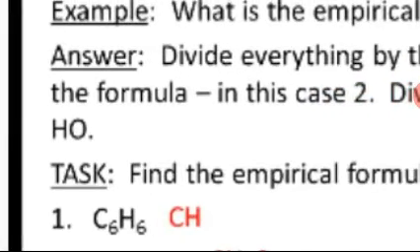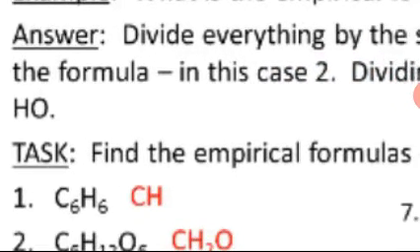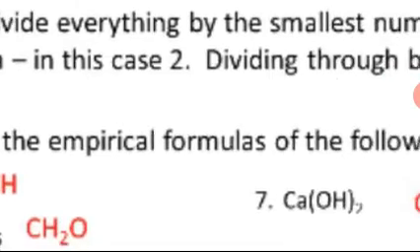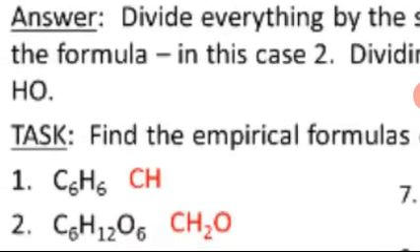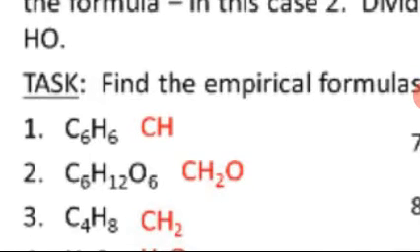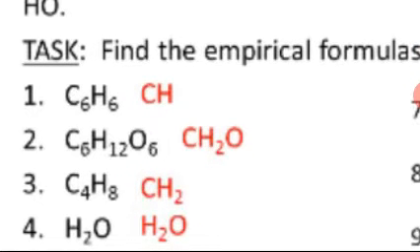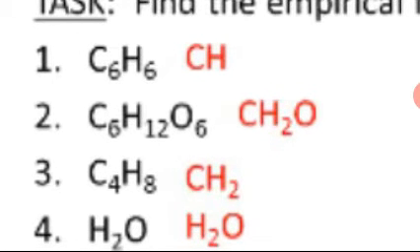Okay. Task. Find the empirical formulas of the following. For example, number 1, C6H6. It can again be divided by 6. So it becomes CH. 6 ones are 6, 6 ones are 6.